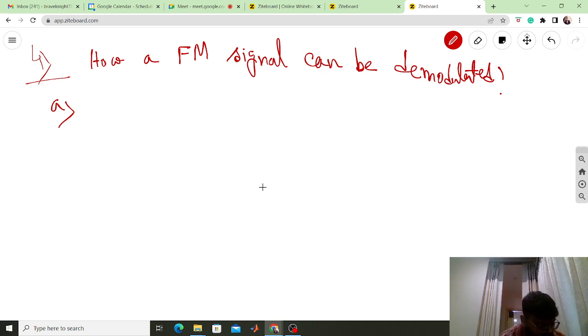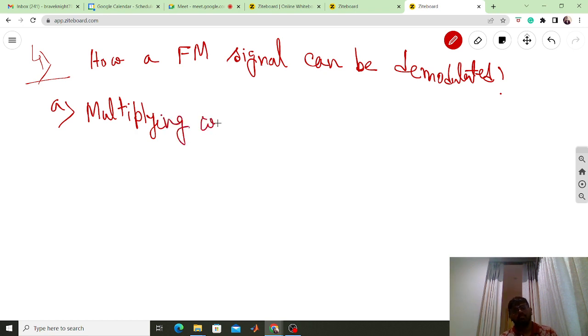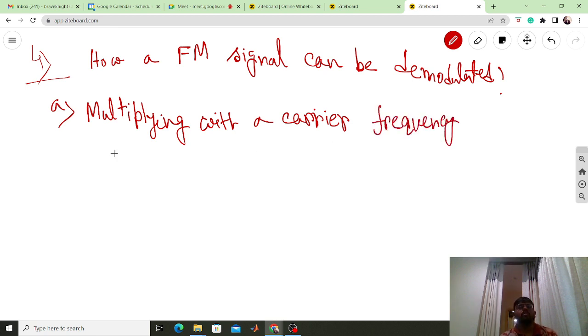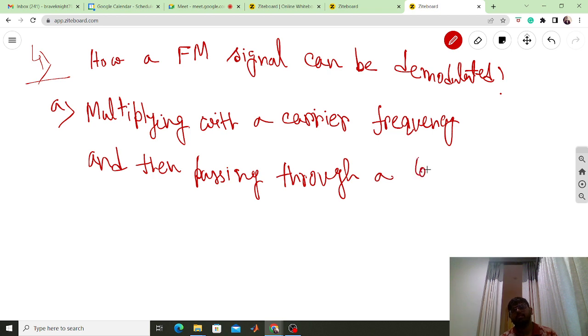The first option is multiplying with a carrier frequency and then passing through a low pass filter.